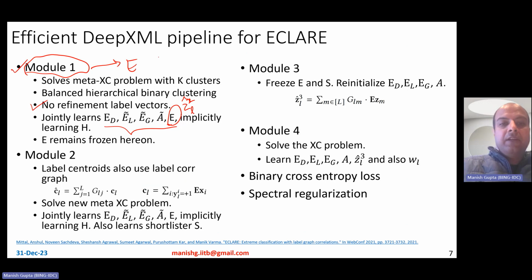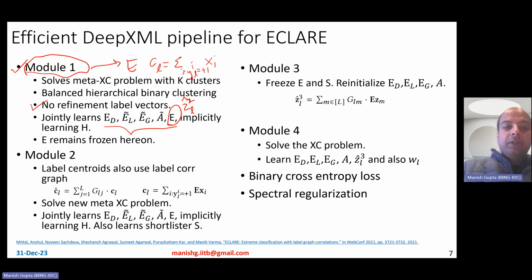In module 1, you just compute the representation of label as a summation over x_i's, where label representation is learned as a bag of words representation over all the words contained in those labeled texts. Or you could look at aggregated representation over words in the documents.